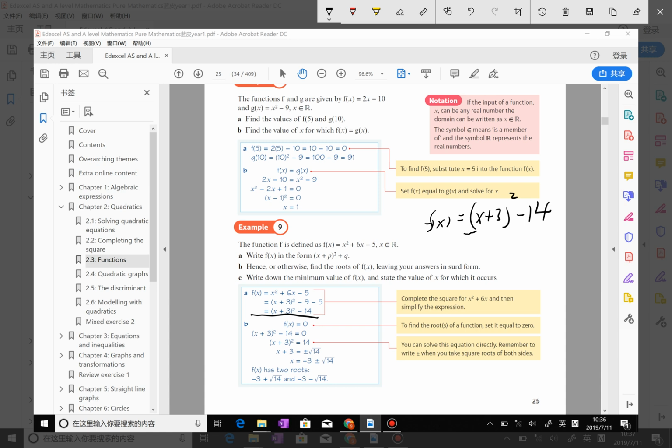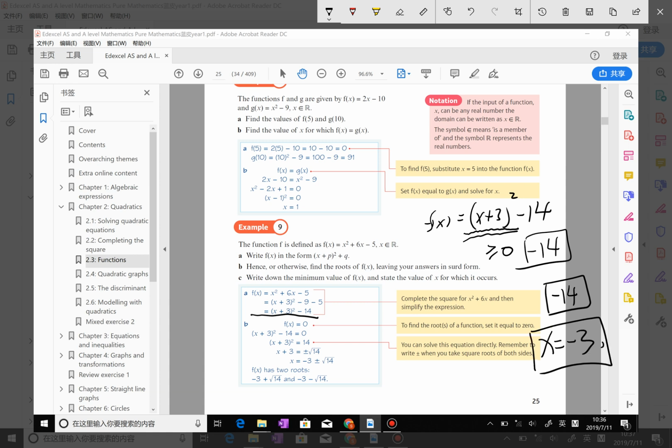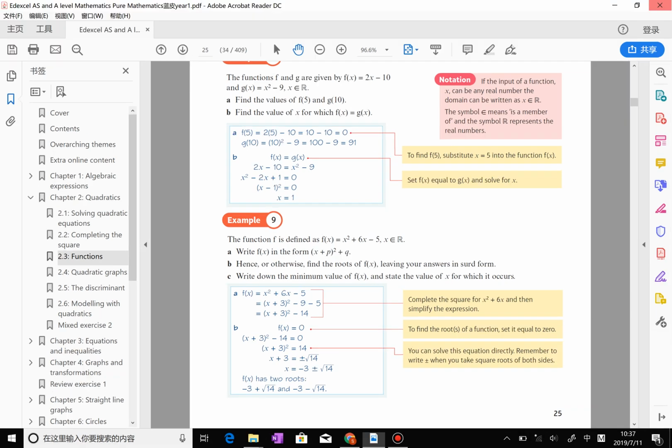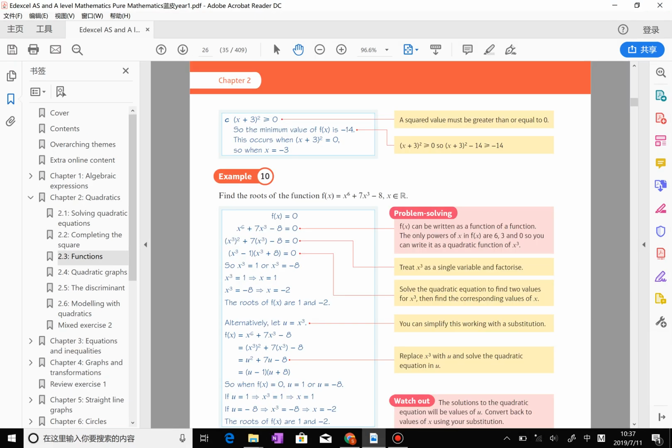Now (x plus 3) squared is always greater than or equal to 0, and then we subtract 14. So the minimum value is going to be negative 14 when x equals negative 3. So this is the minimum value of f(x) when x equals negative 3. Let's look at the final answer: when x equals negative 3, the minimum value of f(x) is negative 14.